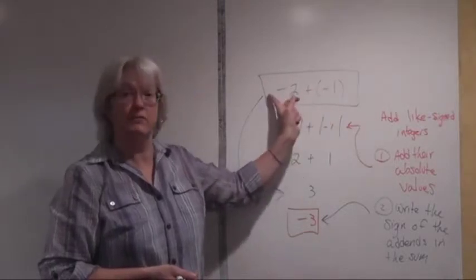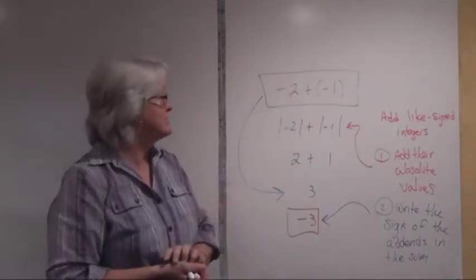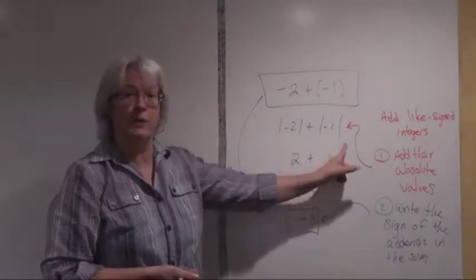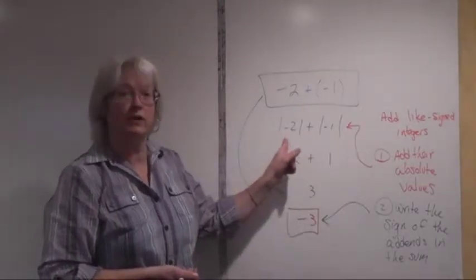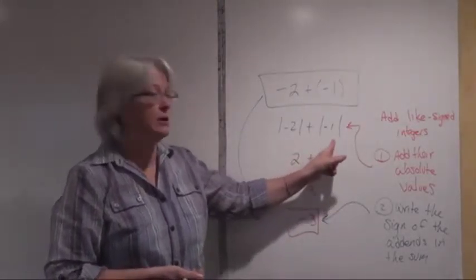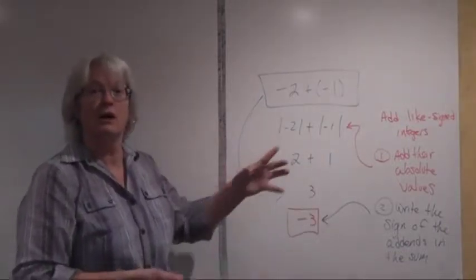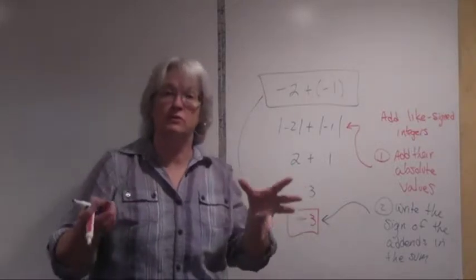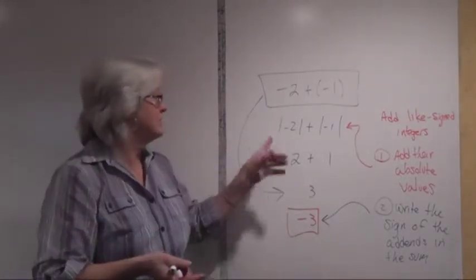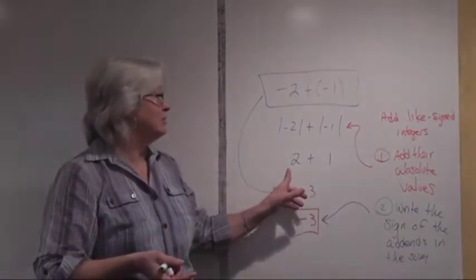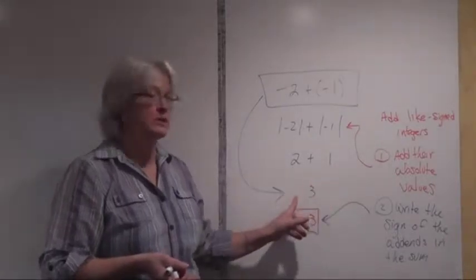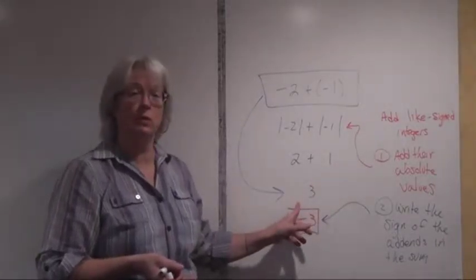The signs of those integers are the same, they're both negatives. First we're going to add their absolute values. Absolute value of -2 plus the absolute value of -1. Absolute value is distance from 0. It's always positive. We have 2 plus 1. What is the sum that we end up with? We end up with 3.